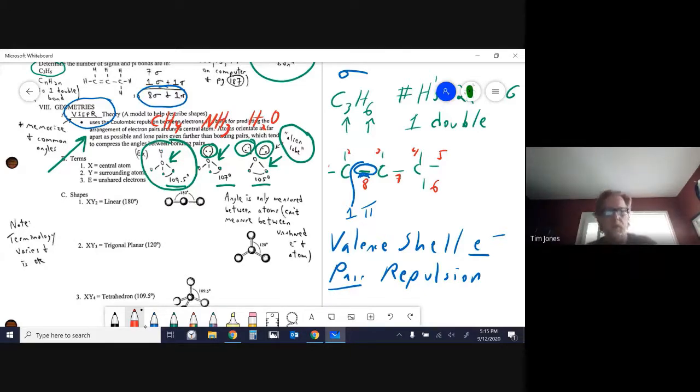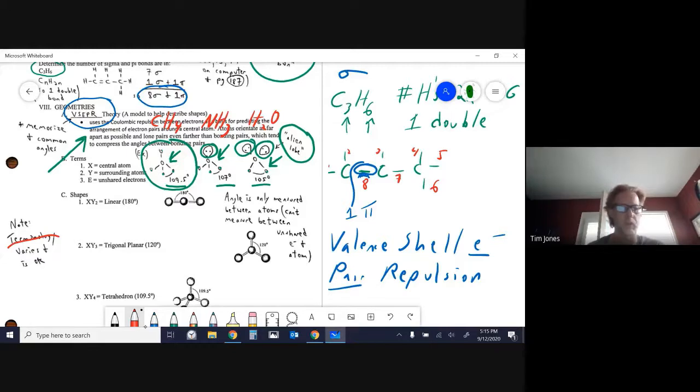Now this leads us to the different molecular geometries. You should know 5 already from first year chemistry, and we will include those 5, but we're also going to do a few new ones. And the main thing here is not so much being able to say what the right name is, it's being able to explain why it has that name. Notice I mentioned over here, the terminology can vary a little.